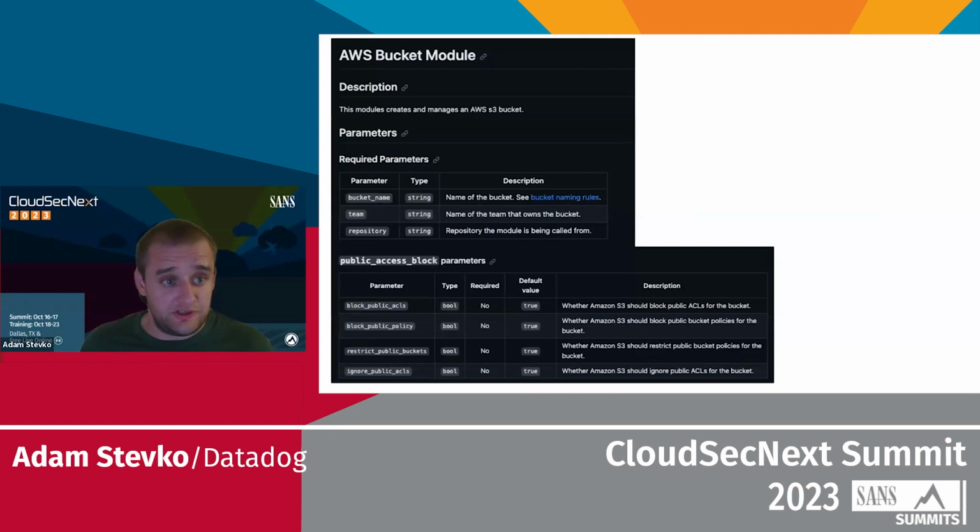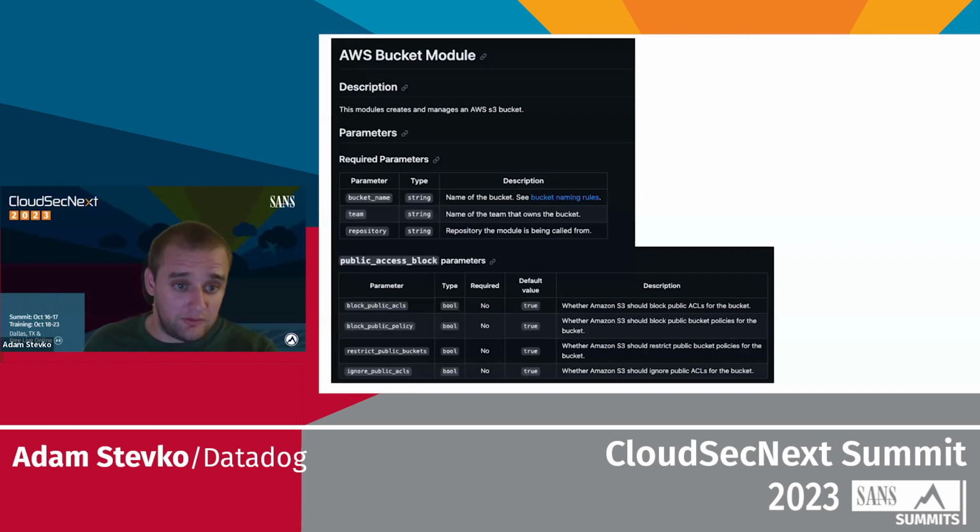On this picture, you can see an example of our S3 bucket module. When a person wants to create a bucket, we ask them to provide three different parameters: the bucket name, the owner team, and the repository from which it's called. The security settings are set in a way that they are secure by default, and they can be changed, but they are not mandatory.